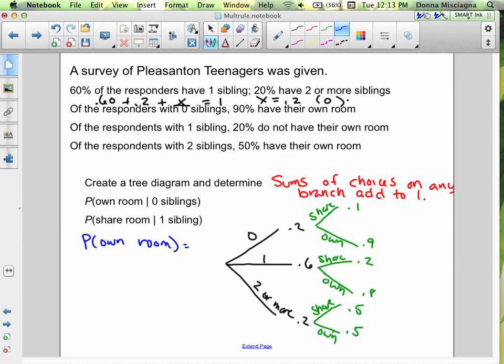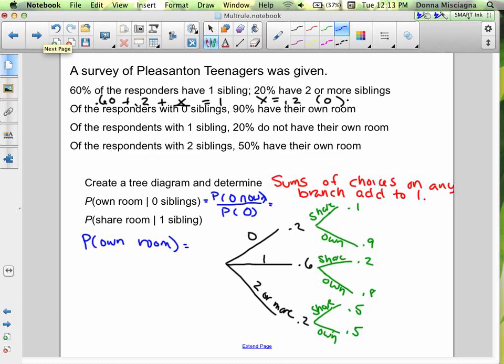This would be the probability of 0 and own, since that's the right way down the tree, divided by the probability of 0, excuse me, 0 is the given.